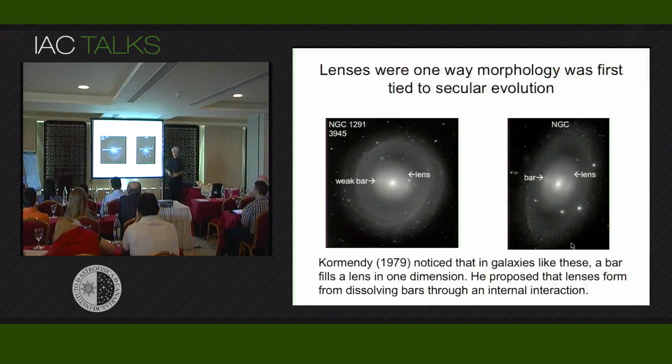But in any case, he saw, as he pointed out, the bars filling the lens in one dimension in NGC 1291. And this is NGC 3945, which has a bar like this, and it has a lens there, and it has an outer ring. And he suspected that the bar was evolving into a lens through some process of possibly an interaction with the bulge.